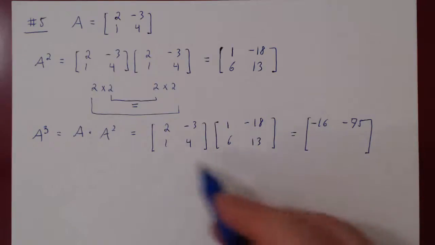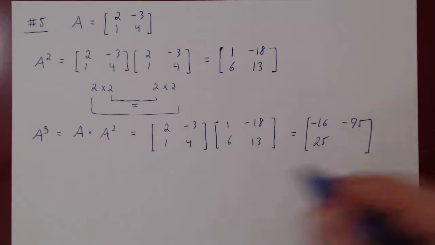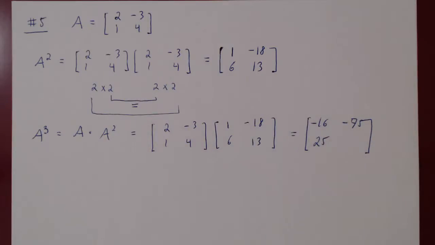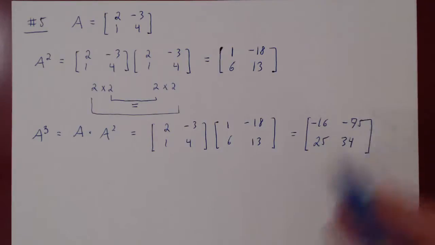Then, with the second row, 1 plus 24, 25. Negative 18 plus 4 times 13 is 52. Gives us positive 34. And so we have now A cubed.